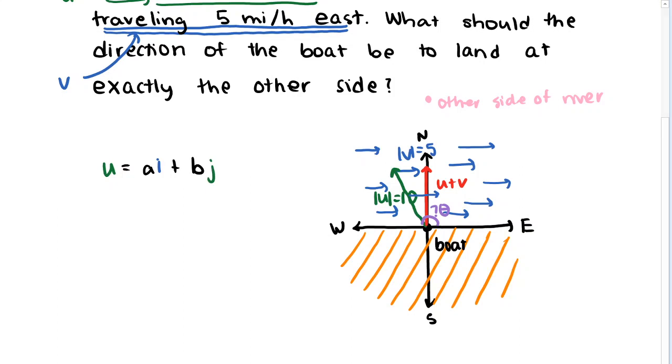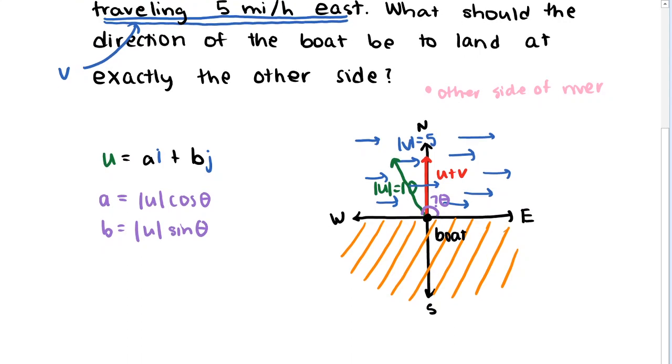And no matter what vector we're talking about, a is equal to the magnitude of the vector times cosine of the direction of the vector, and b is equal to the magnitude times sine of the direction.